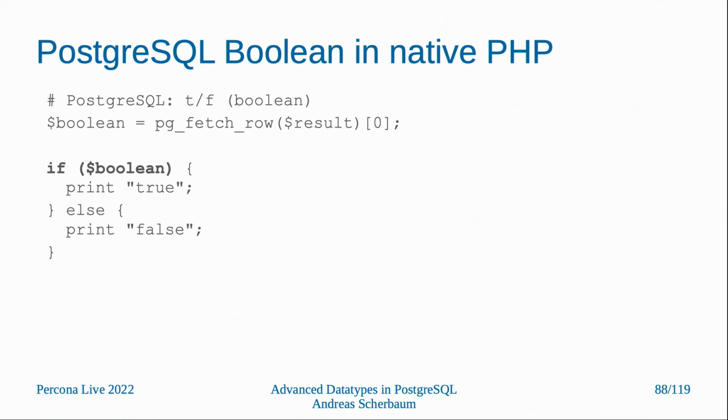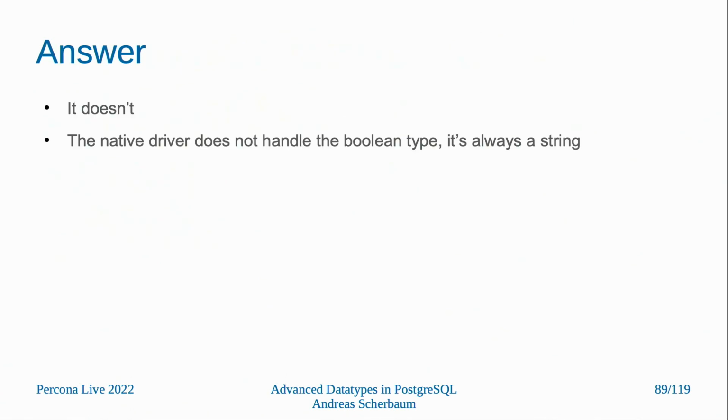So, I have some PG fetch row here. It returns me a row from my table. And this is very common in PHP if a Boolean value is true or false. Well, what happens if this Boolean value you get back, T or F, is just text? Which part of this equation is true every time?